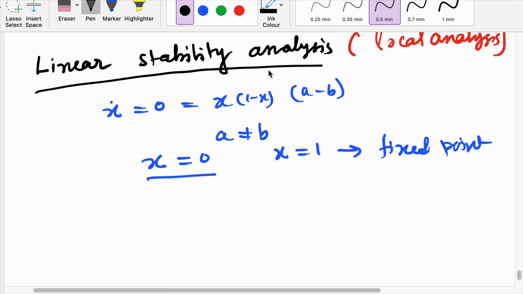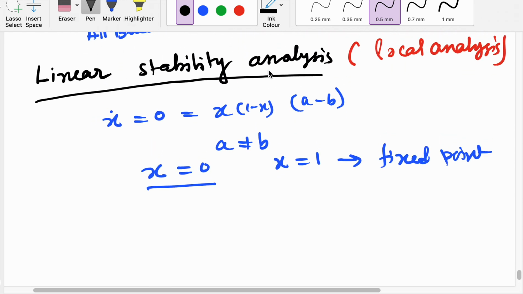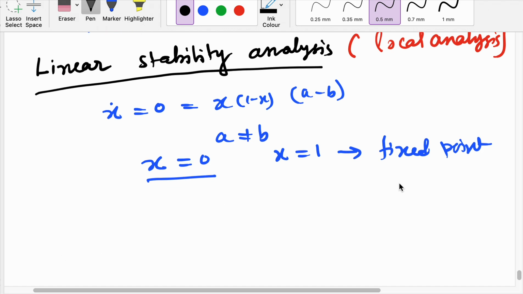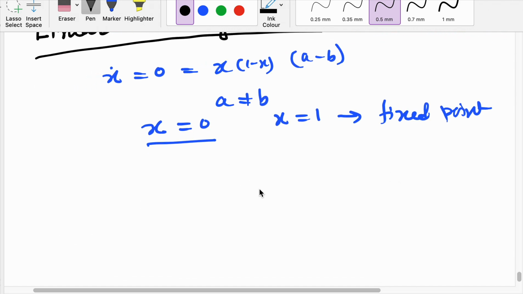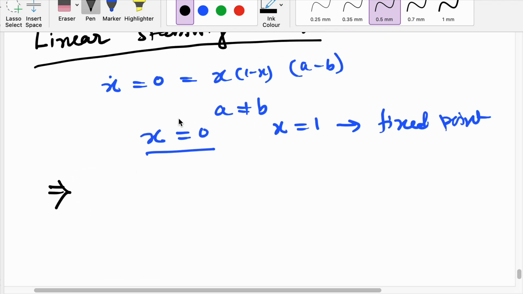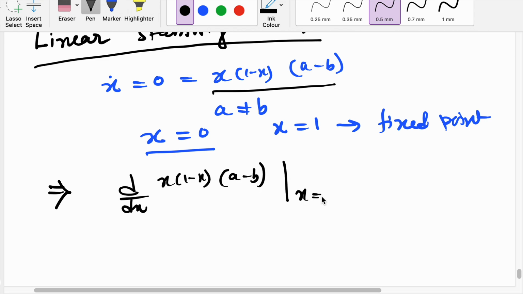Now let's begin with this equation. So let's see the selection. Now coming back to the selection, this is the thing. If I again apply the linear stability analysis, I have to differentiate this equation with respect to x near about x equal to 0.